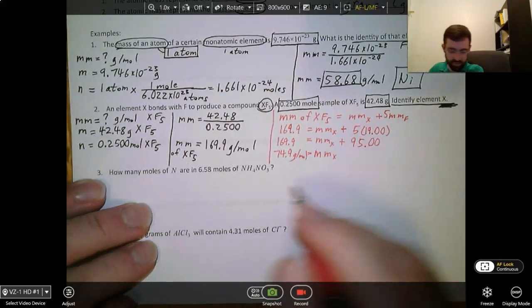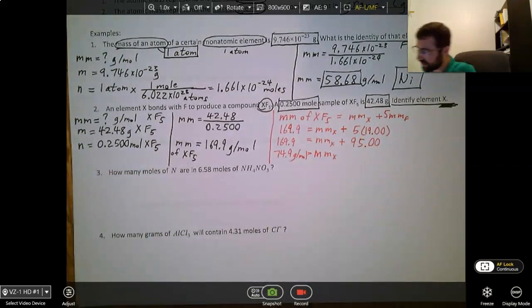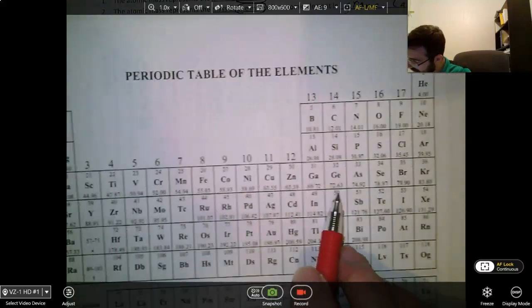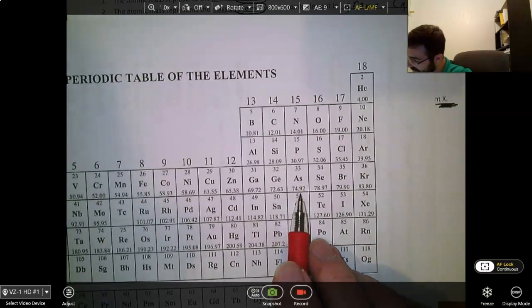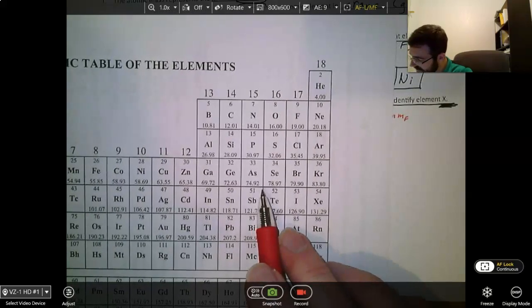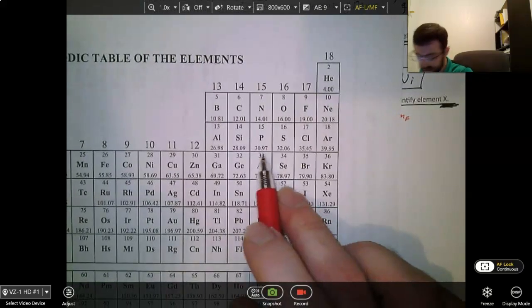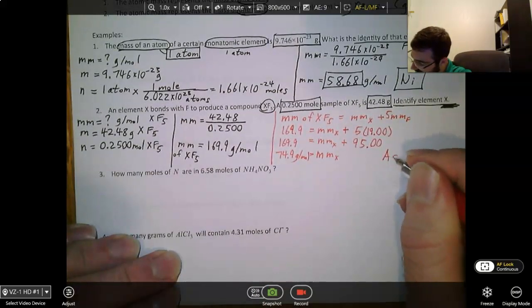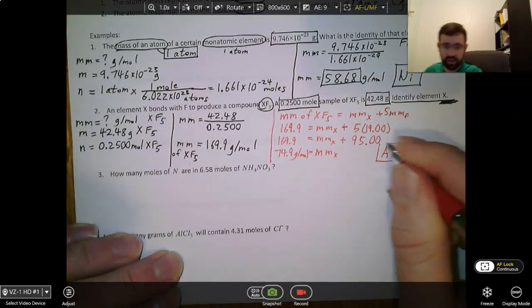So that tells me the molar mass of X. Let's find something that's about 74.9. 74.92. That's really close. That's arsenic. Looks like we are dealing with arsenic in that case.